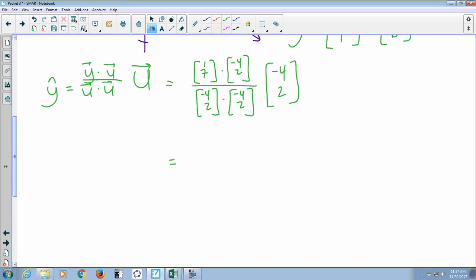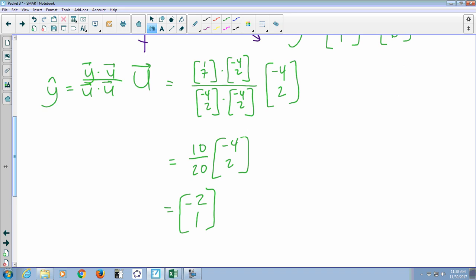So when I dot these, I get -4 plus 14, which is 10. And then 16 plus 4 is 20. So I have 10 over 20 times -4, 2, which is a half of -4, 2, or -2, 1. So there's my y hat. Same thing I got just by drawing the picture.